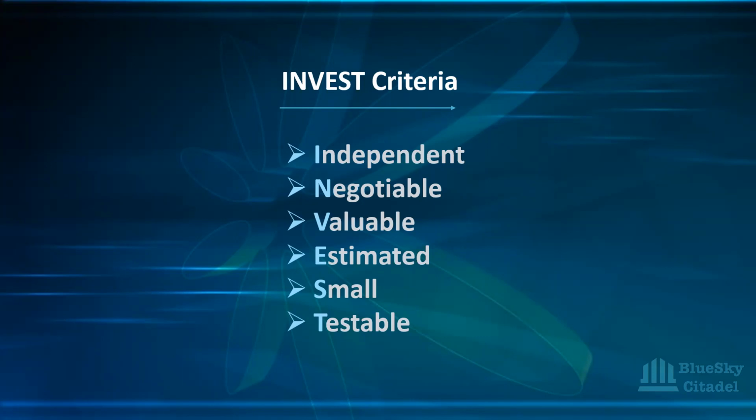Yeah, so by following this INVEST criteria, as a BA, you can ensure that your user stories are well formed, clear, effective, and actionable. This is going to lead to you having much better collaboration with your teams.